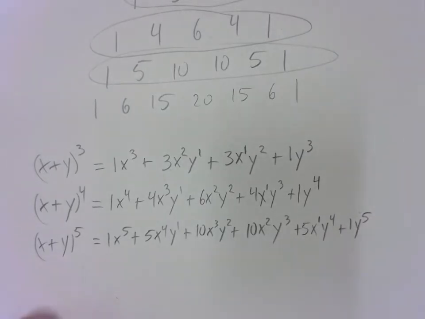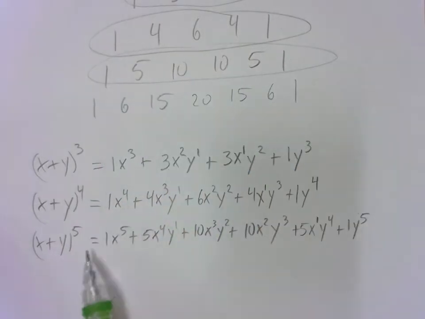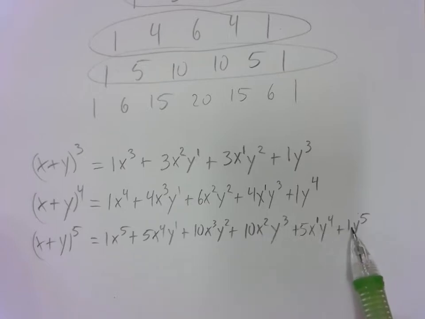So they're all there. Let me make sure. 1, 5, 10, 10, 5, 1. X to the fifth, x to the fourth, x to the third, x to the second, x to the first, and then no x. No y, y to the first, y to the second, y to the third, y to the fourth, y to the fifth.